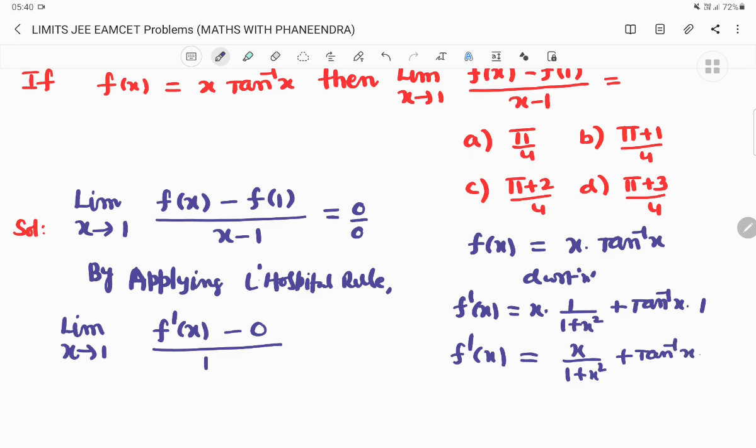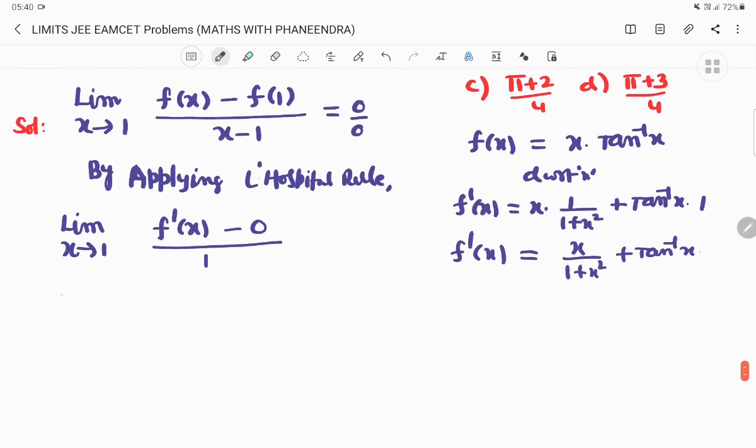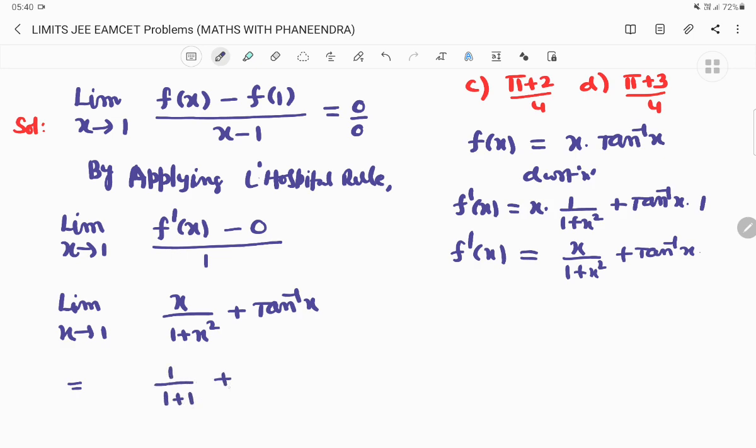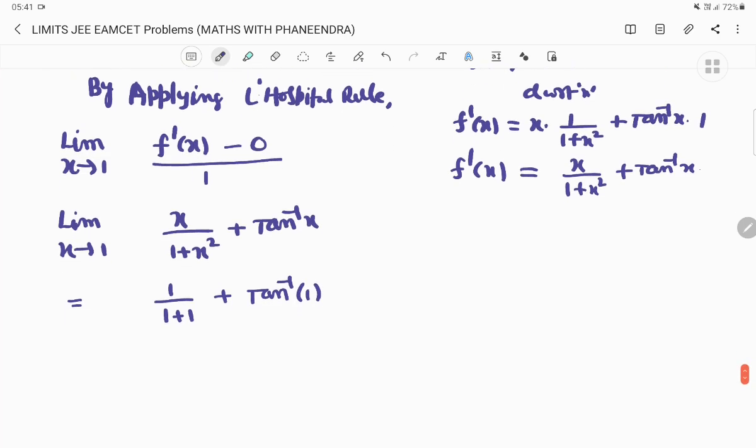Now substitute in this. So limit x tends to 1, x by 1 plus x square plus tan inverse x, which is equal to 1 by 1 plus 1 plus tan inverse of 1. So 1 by 2 plus tan inverse 1 means pi by 4. How?